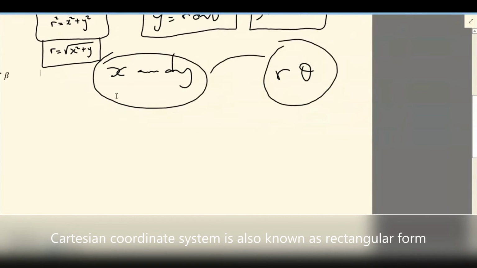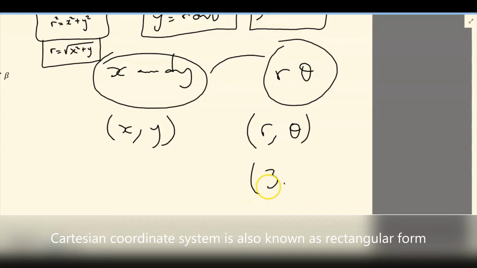What you should also know is that in rectangular form, coordinates are written as x, y, and in polar form, coordinates are written as r, theta. So for instance, they might give you a point, let's say 3, pi, all right?